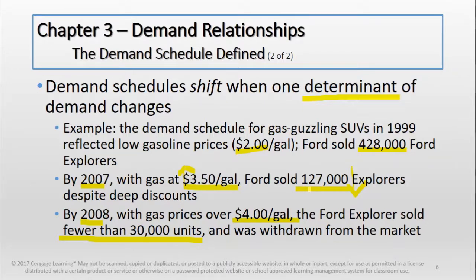What can you conclude? That gasoline and cars are complementary goods, right? Of course, they are complementary because you cannot use your vehicle without gas. So that's it.